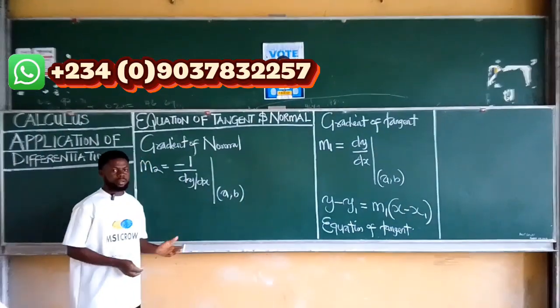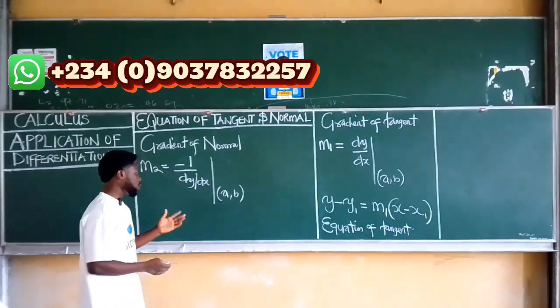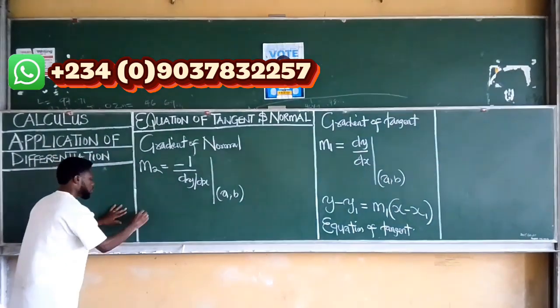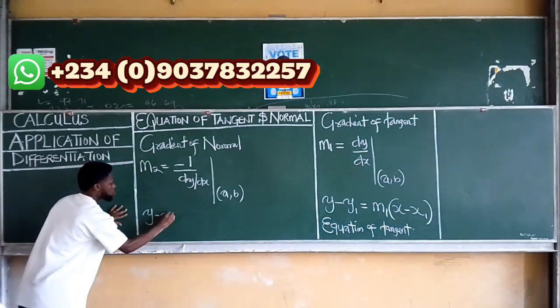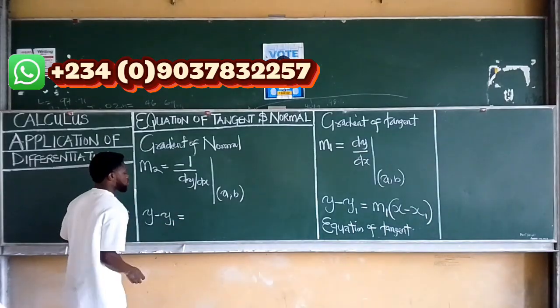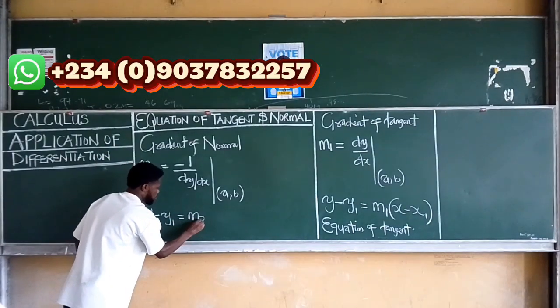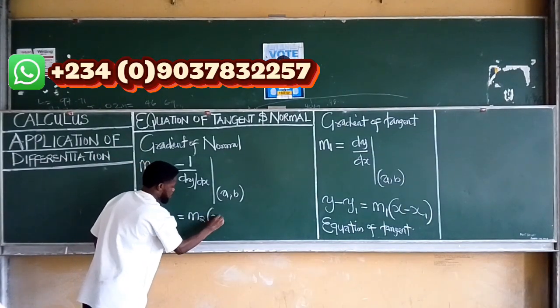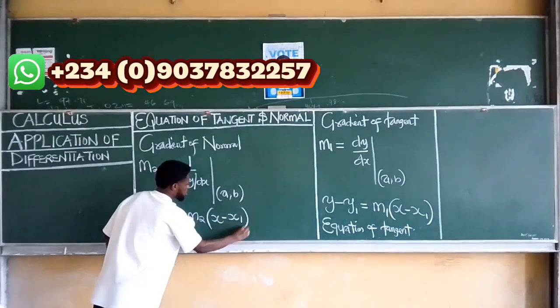Now, if you are comparing this to the equation of the normal to the curve, then the equation becomes y minus y1 is equal to m2 in brackets x minus x1.